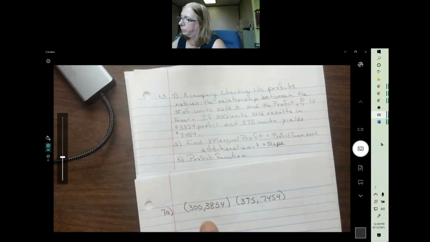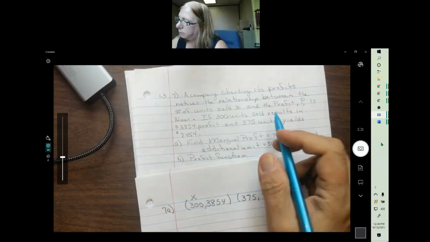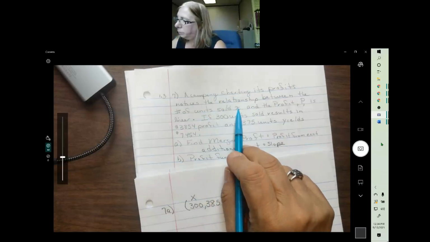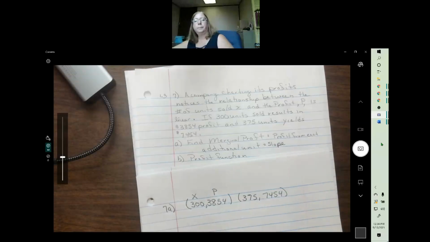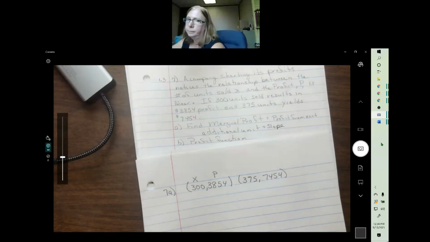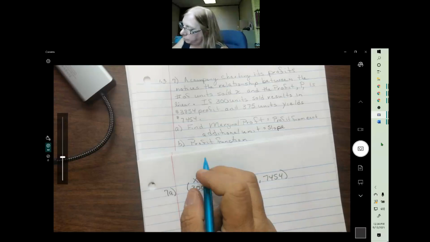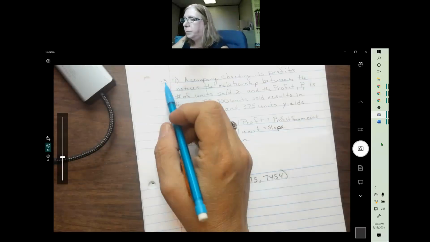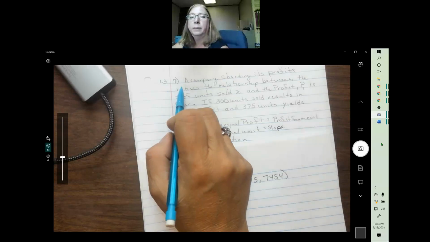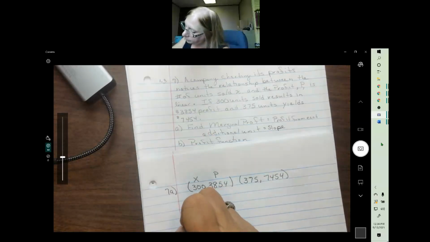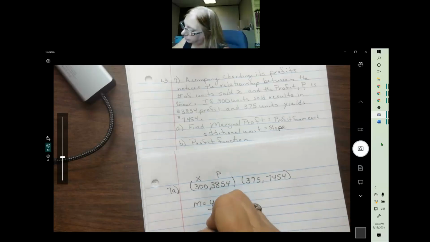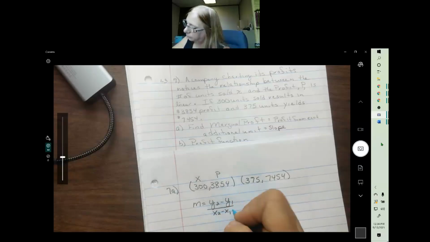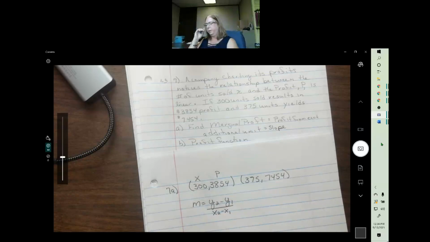I know it went in this order because X was units, number of units sold, and profit is Y. So we can use, and this was from my lab's homework, number 7, our slope, y2 minus y1 over x2 minus x1.